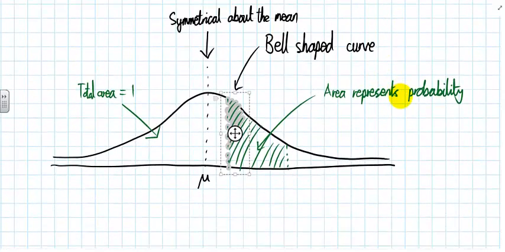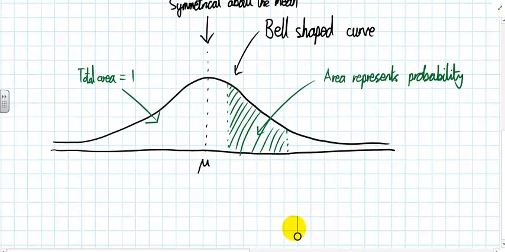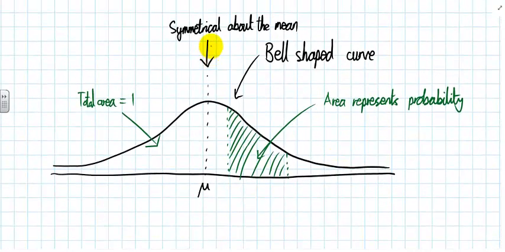Now remember that the normal distribution is a bell-shaped curve, a continuous histogram which is a bell-shaped curve. So make a note of this. It is symmetrical about the mean, so it's reflected on each side, half. And we make the proportions so that the total area equals 1.